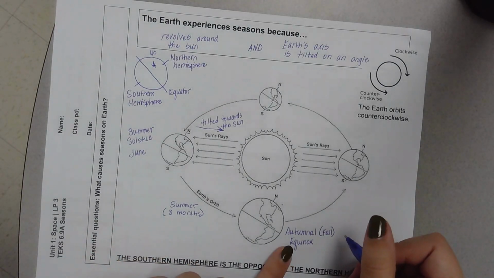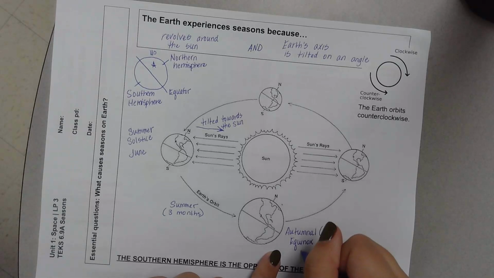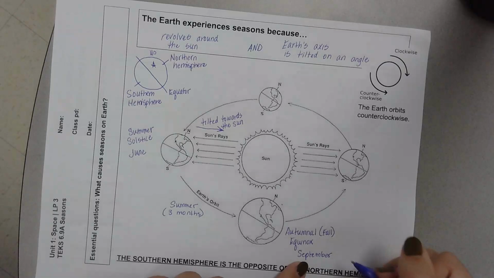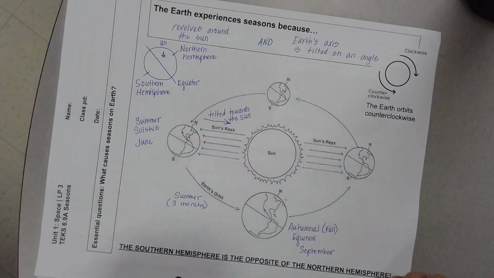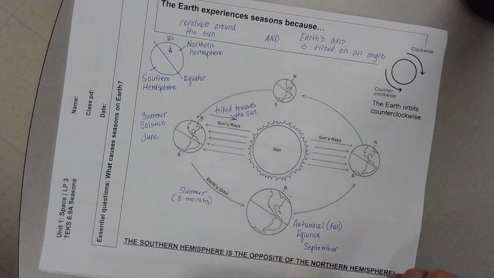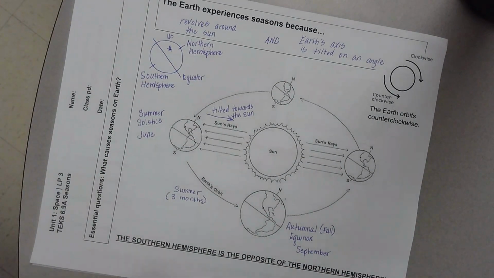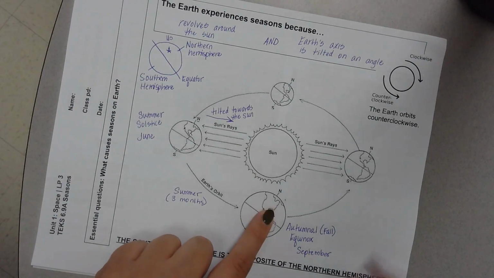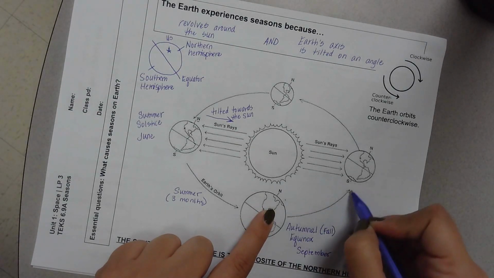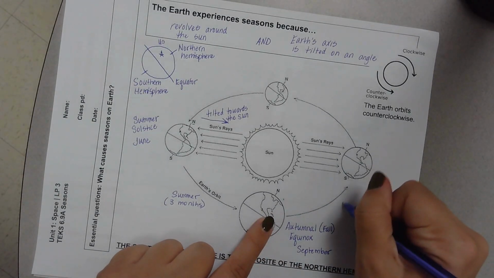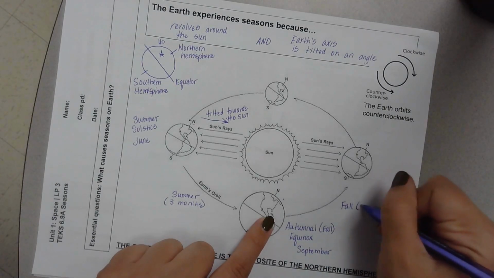And the autumnal or fall equinox takes place at the end of September. We're still in summer right now, but around September 22nd, we'll be starting fall. So again, this portion of the orbit is fall or autumn for about 3 months.